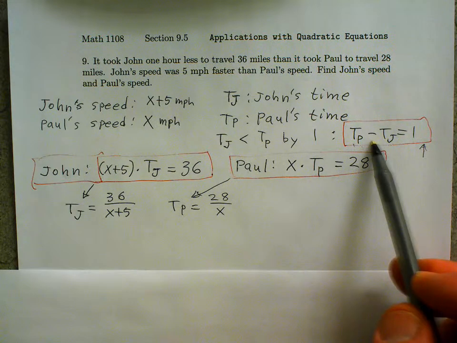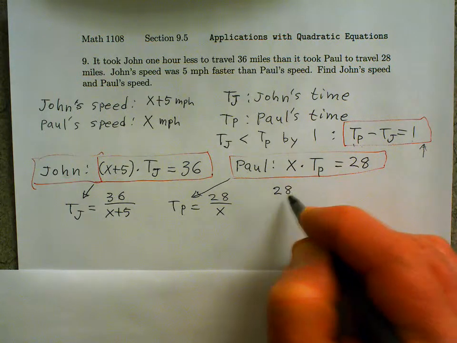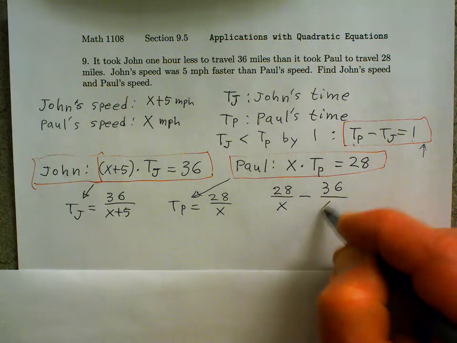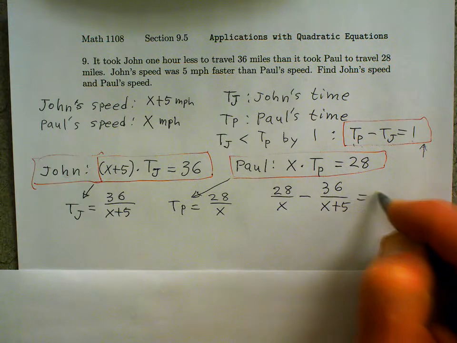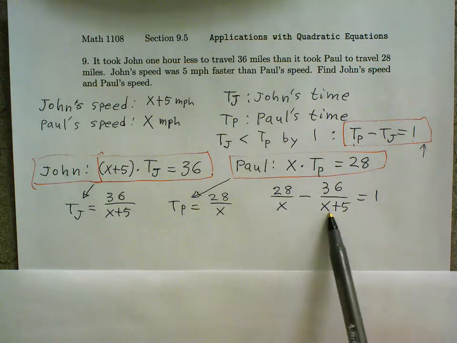Paul's time minus John's time is equal to 1. So we finally have an equation whose only variable is x.